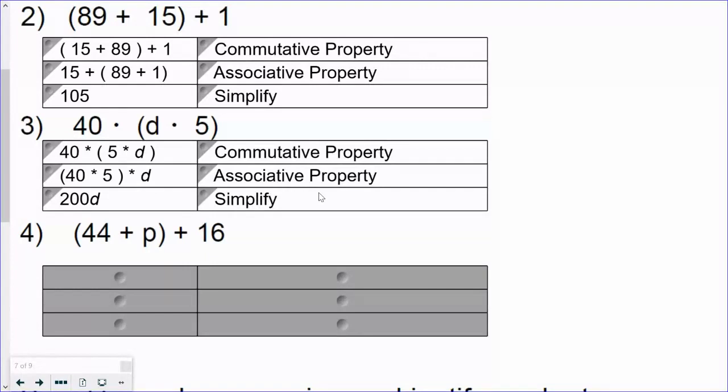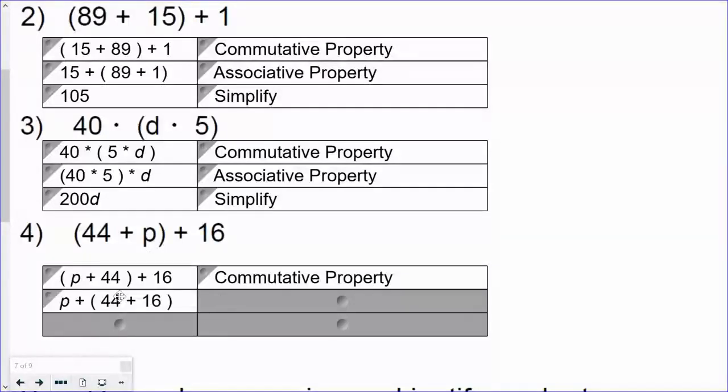All right, same thing with 4. Normally you want to get all of your constants together. So we want to group it. So 44 is actually closer to the 19 with associative property. Remember, you can use commutative property on addition and multiplication because their order does not matter.